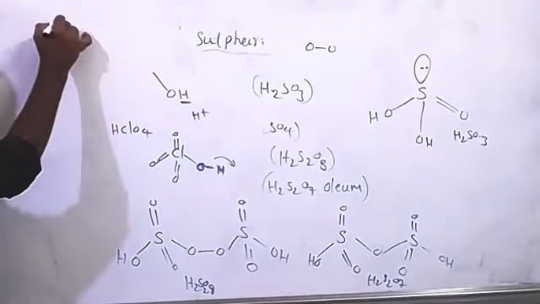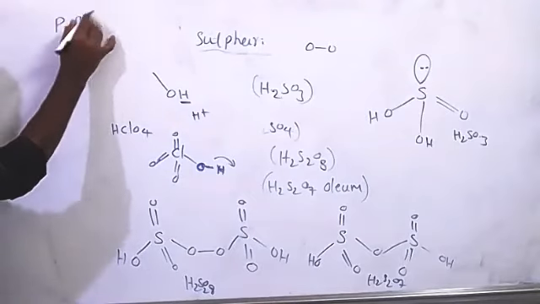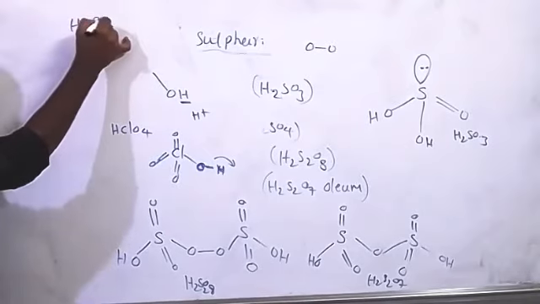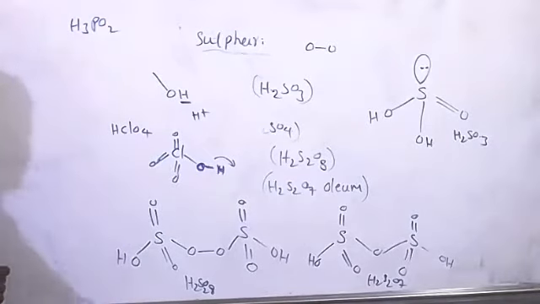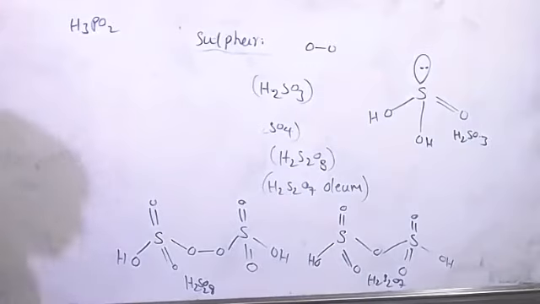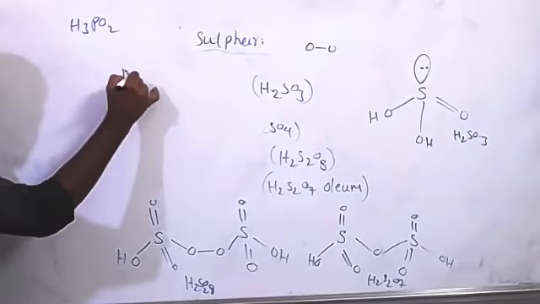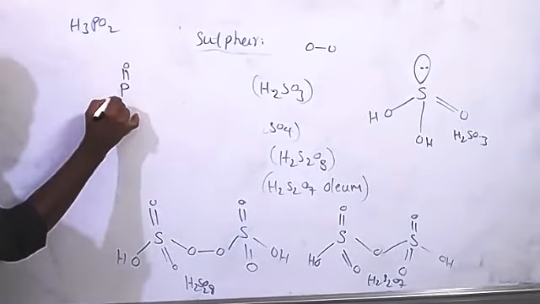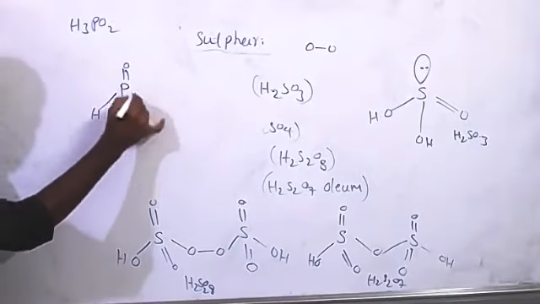Directly attached hydrogen won't be donated as H+. Suppose H3PO2, the oxo acid of phosphorus, named hypophosphorous acid: P double bond O, H, and OH.